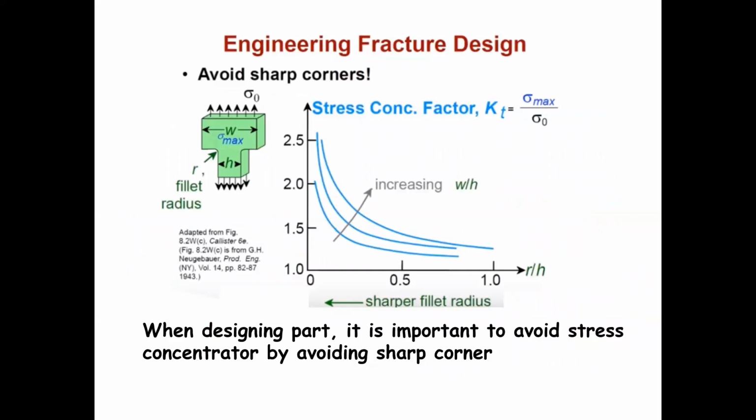When we try to design a part, it is important for us to avoid stress concentrators by avoiding sharp corners. And how can we achieve that? By adding a fillet to the corner.